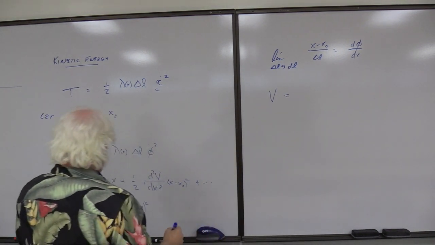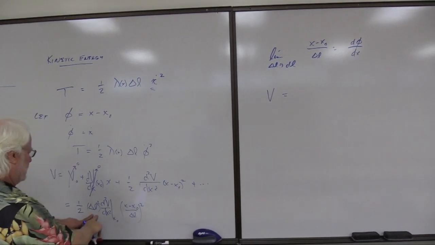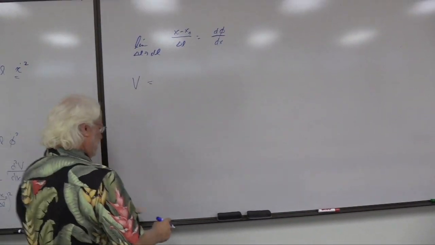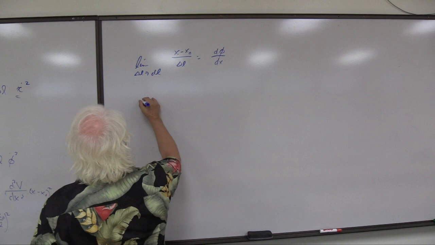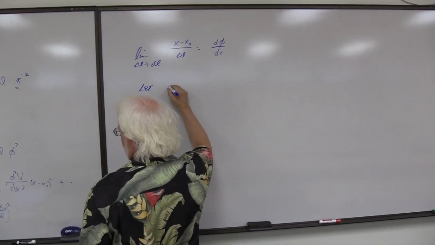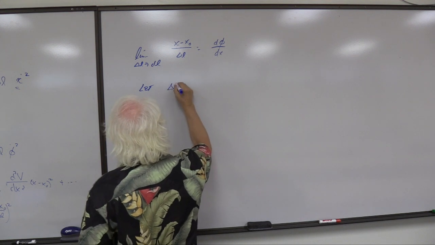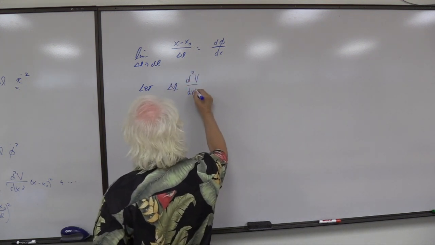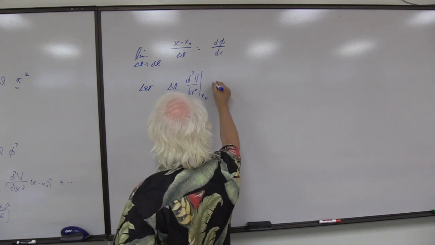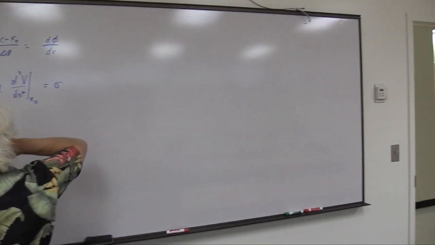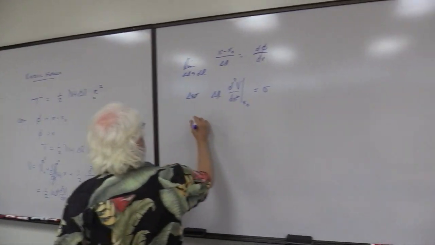as, now let's see, I've used two delta L's here. Then I'm going to make a definition here. Let delta L times d squared V/dx squared at x naught be some constant sigma.